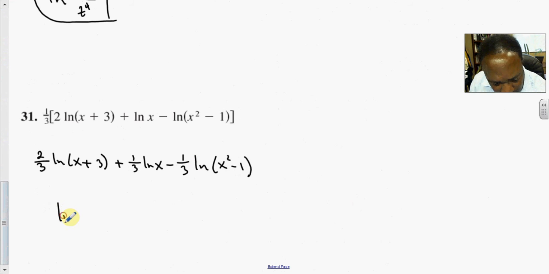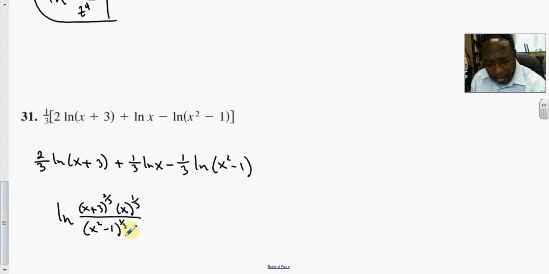So here, this is the natural log of, first is x plus 3 to the 2/3, times x to the 1/3, that's all over x squared minus 1 to the 1/3. Now these fractional powers denote a root, the cube root.